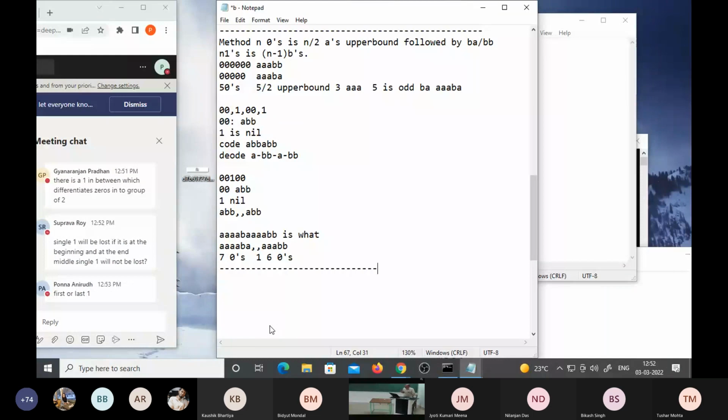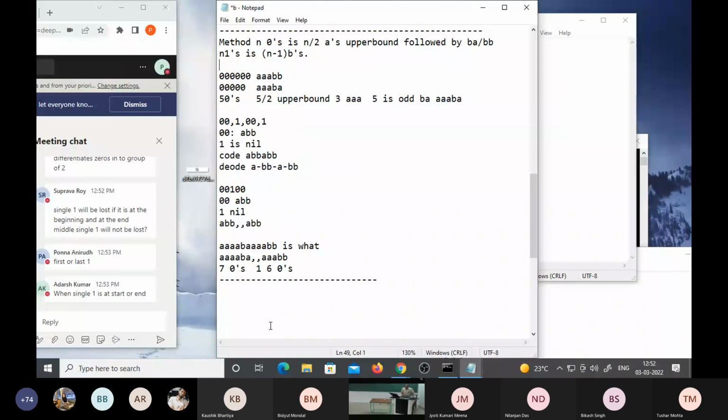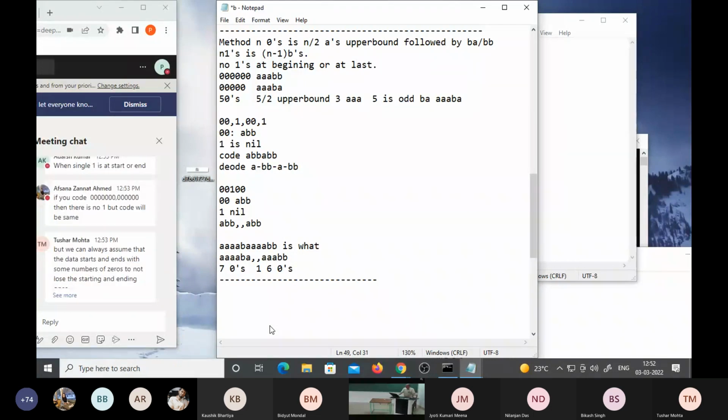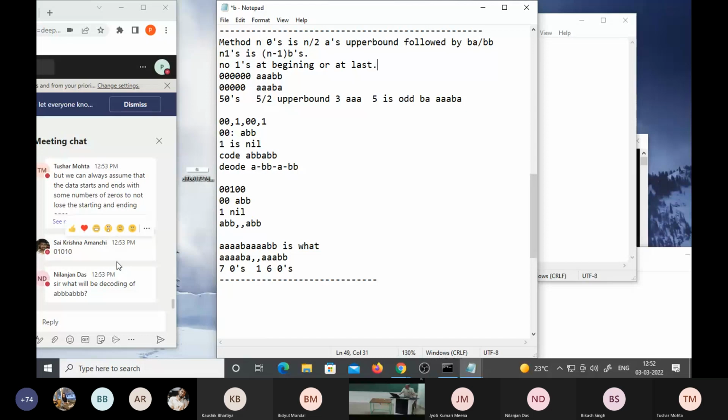Assuming beginning and the last there is no one. Is it correct? Yes. But how can we code it? You see, you have written 6 zeros followed by another 6 zeros. We shall code it as 12 zeros. You want the decoding of this.